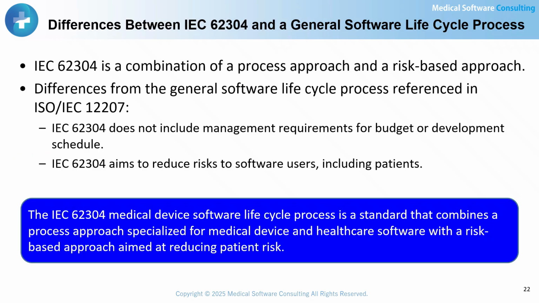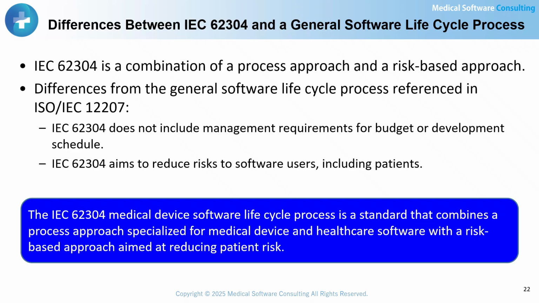When we compare the general software lifecycle process, ISO/IEC 12207, with IEC 62304, one major difference lies in how they address risks. ISO/IEC 12207 includes management requirements for risks such as budget overruns or delays in development schedules.